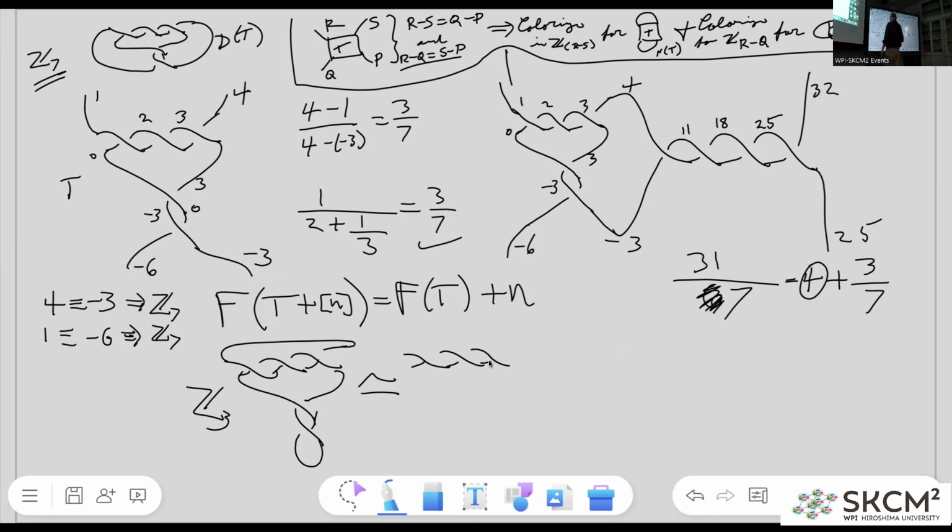So it's not a surprise that it's being colored in Z mod 3. So actually, I think, and I'll have to see whether I know how to prove that when you do this with a rational tangle in at least standard alternating form, you actually are getting the determinant of the resulting knot or link. Okay, that's not obvious. We'll have to think about it a little bit. But that's an interesting feature of thinking about it this way, is that we get colorings for lots of rational knots.